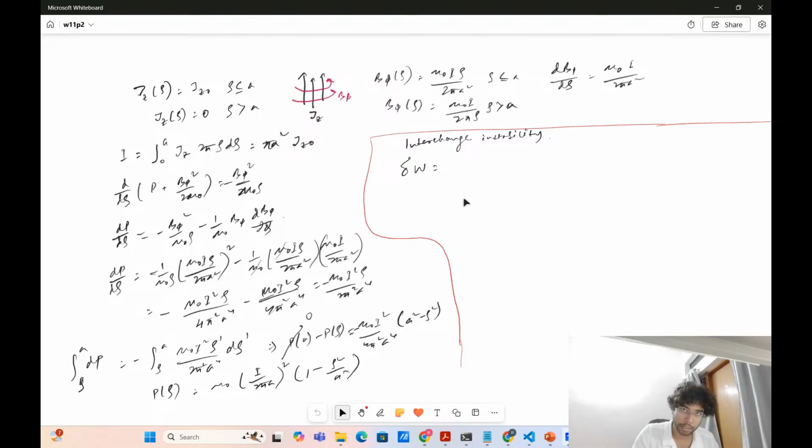If we have to calculate the delta W, we have to check the change in the internal energy, which is given by this, plus the change in the magnetic energy. These are volume integrals over the whole volume. Initially, the magnetic field was balanced by the gravitational force. So this was initially what we have.